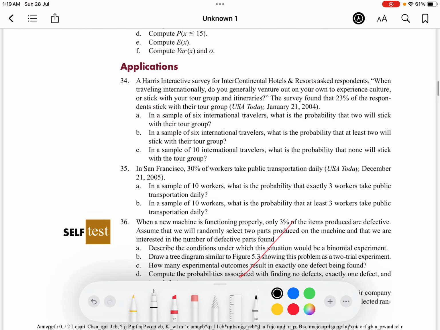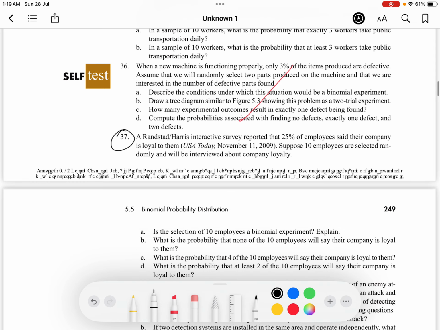Here, question number 37. An interactive survey reported that 25% of employees said that their company is loyal to them. Then, suppose 10 employees are selected randomly and will be interviewed about company loyalty.